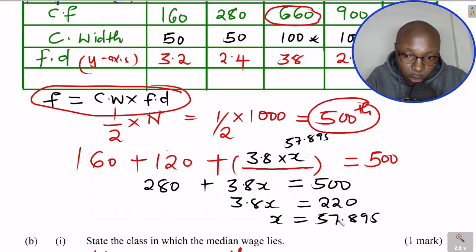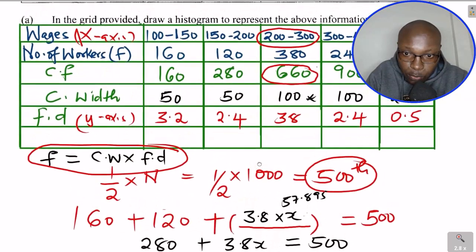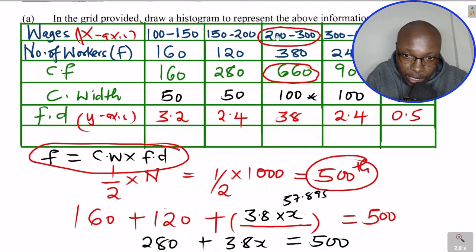So we got the class width. Now this is what it means: from 200, this point that is here, we shall add, because the median will not go up to 300, this interval that we have obtained here, 57.895.